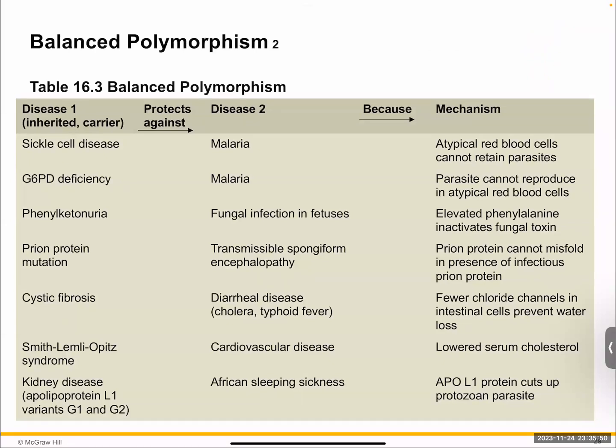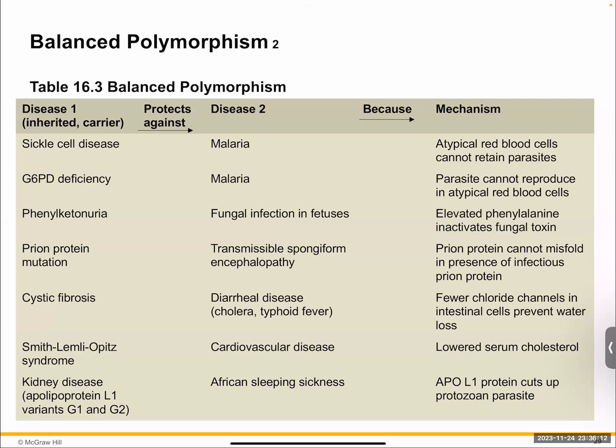Here are some examples of what this kind of polymorphism looks like. We call that balanced polymorphism, where you have one medical condition causing protection against a secondary medical condition when you have the heterozygous version of the gene present.